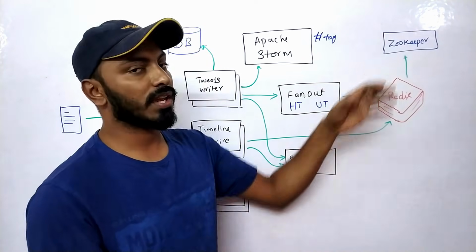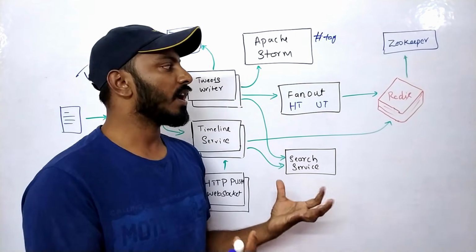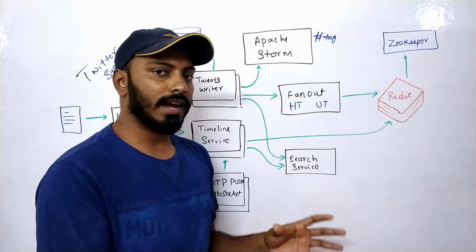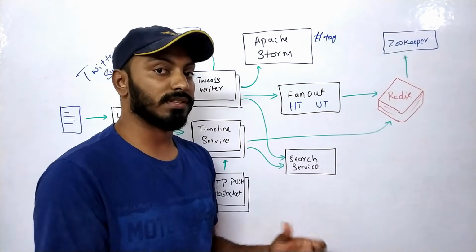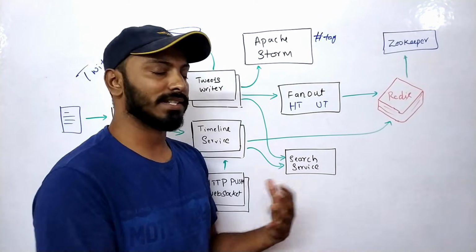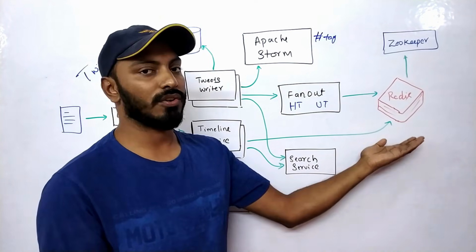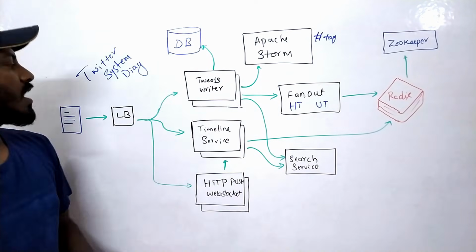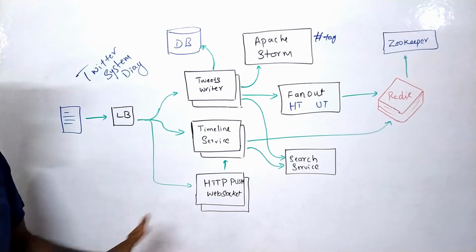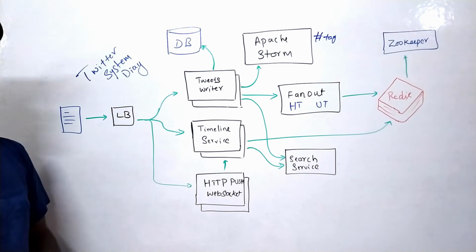The Zookeeper also keeps track of which servers are online at any given point of time, and which servers are offline. Based on that, it coordinates with all the nodes in the cluster. I think I have explained all the components over here.